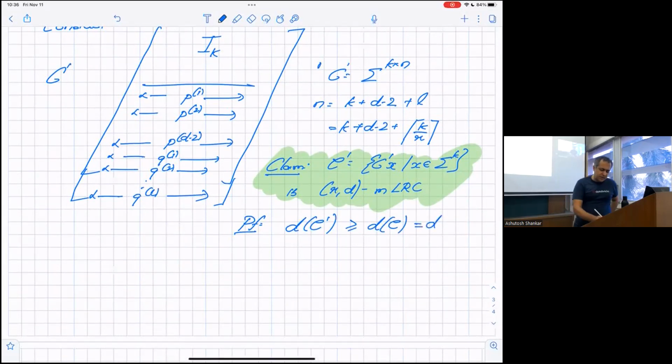But I also want to claim it's actually R locally recoverable. Why? Suppose you drop off any message symbol, the ith message symbol. Where can you recover it from?